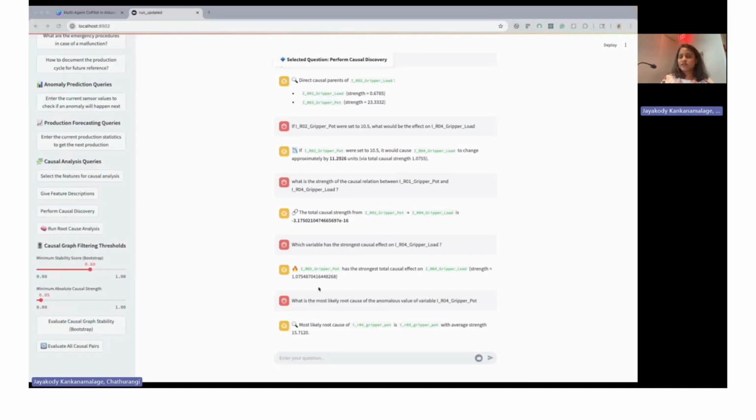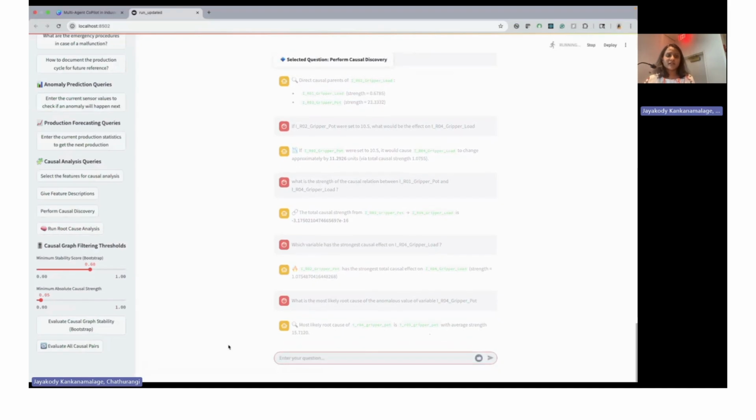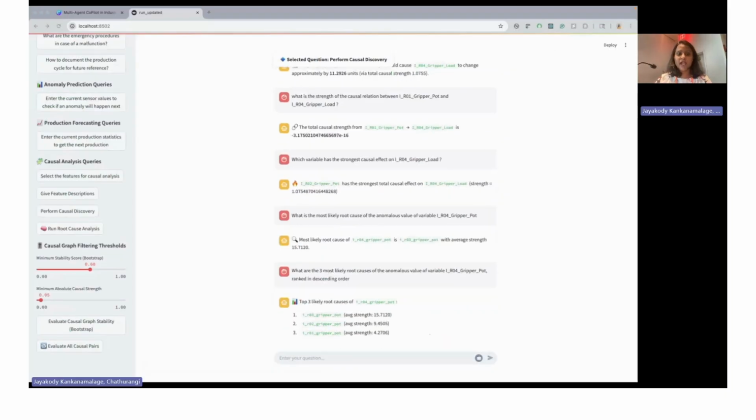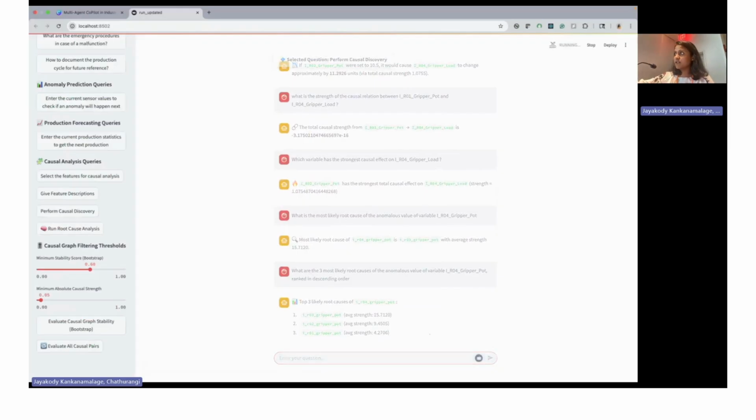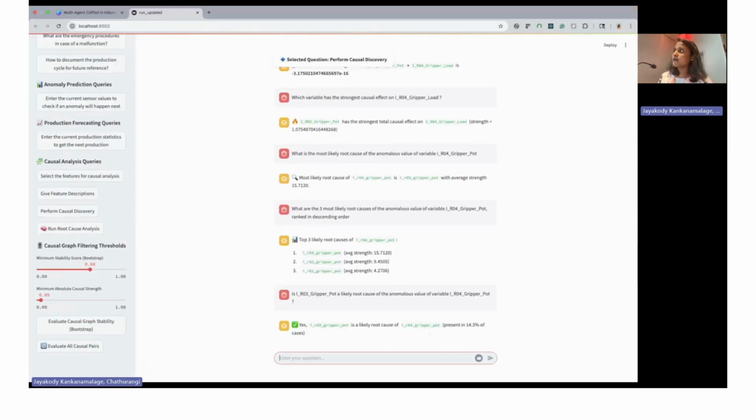And then he can answer more advanced questions also, like the three most likely root causes of the anomalous variable, and also some reasoning questions. In this earlier question he gave the average strength also. And here I'm asking if this particular variable is a root cause of the anomalous second variable, and it is giving the answer along with the percentage of cases that exist in this particular data set that I'm using.